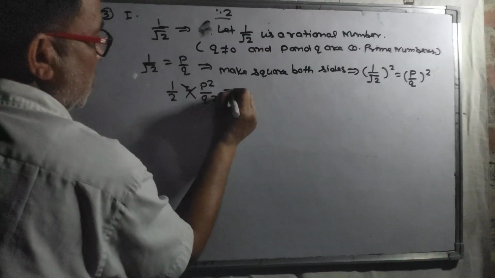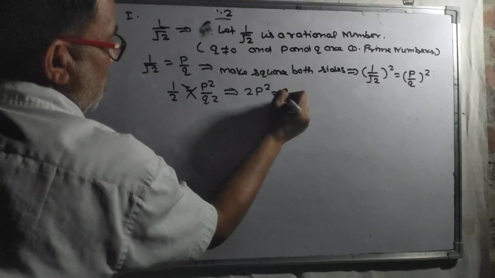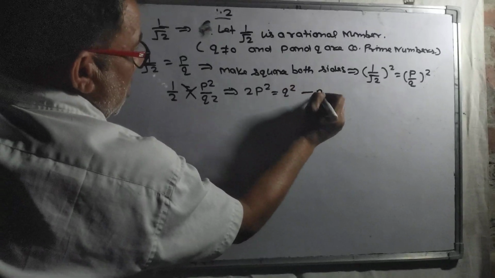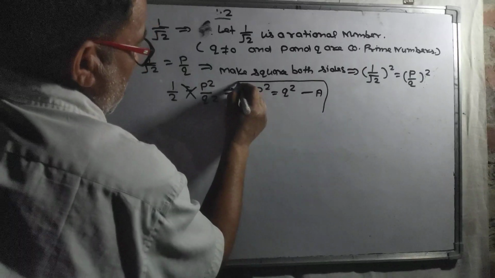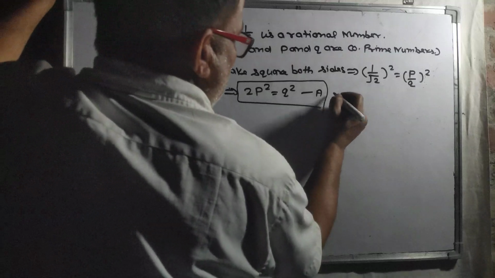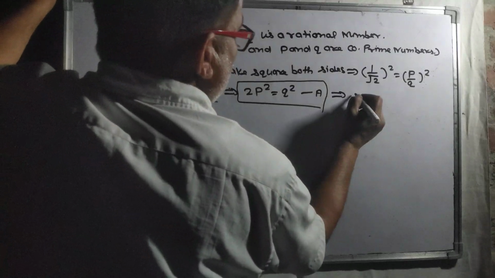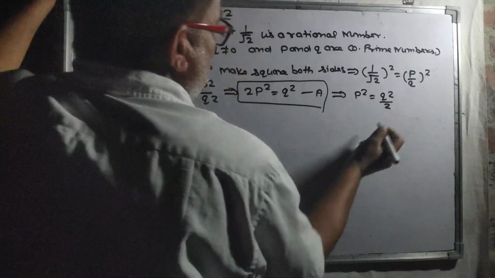Cross multiply: 2p square equals q square. Equation A. It makes our question easy. So p square equals q square upon 2.